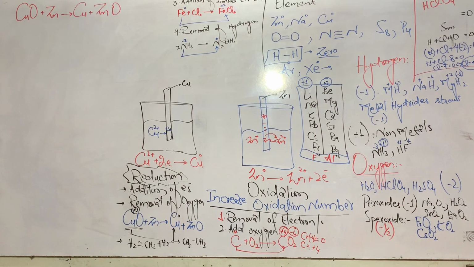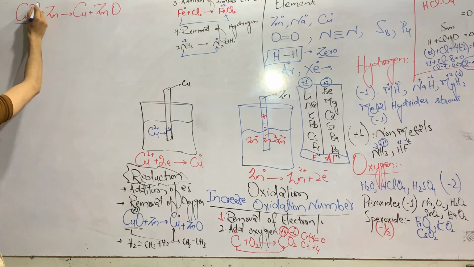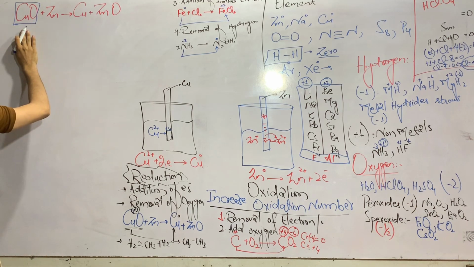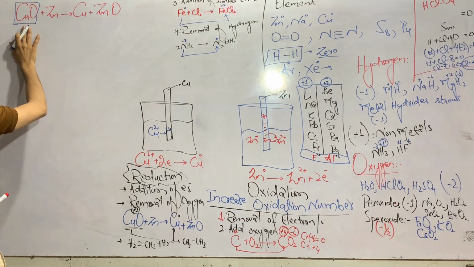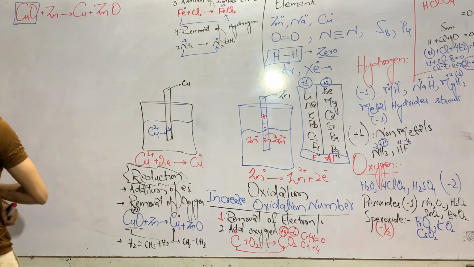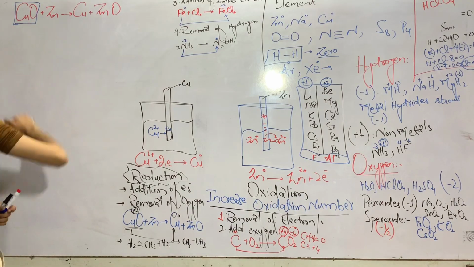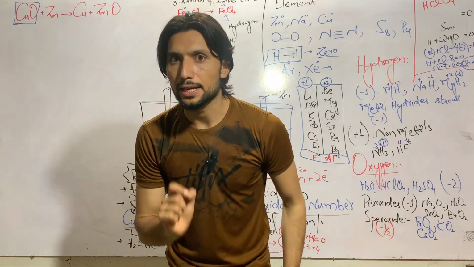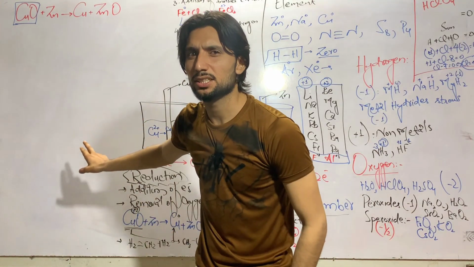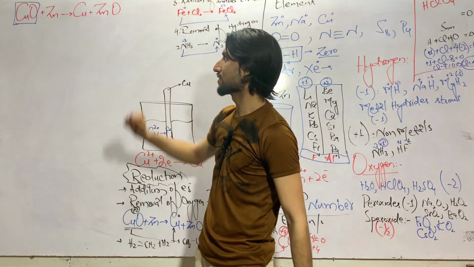Here we see that copper oxide is being reduced to copper. Doesn't zinc help it to be reduced? Didn't zinc act as an agent in this reduction? So zinc acted as an agent in this reduction.